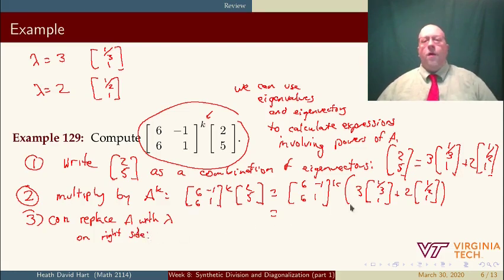And so the first term will be 3 to the k times 3 times 1/3, 1. And the second term will be 2 to the k times 2 times 1/2, 1.